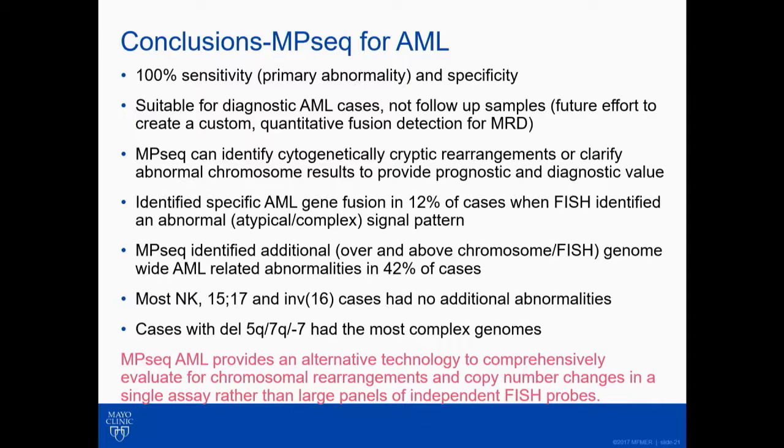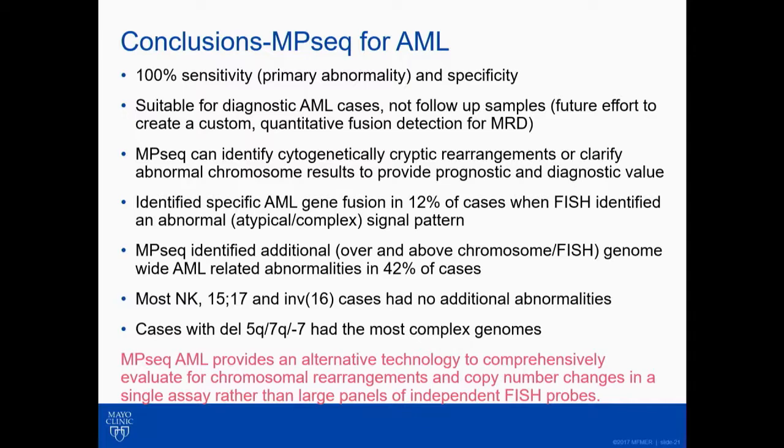We can identify specific AML gene fusions in 12% of cases when we did identify an abnormality by FISH. MPseq identified additional over and above FISH and chromosomes for genome-wide AML-related abnormalities in 42% of cases. And most normal karyotype, 15;17, and inversion 16 cases had no additional AML-specific abnormalities.